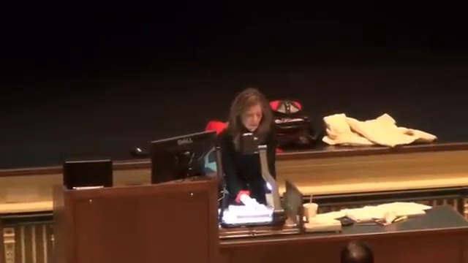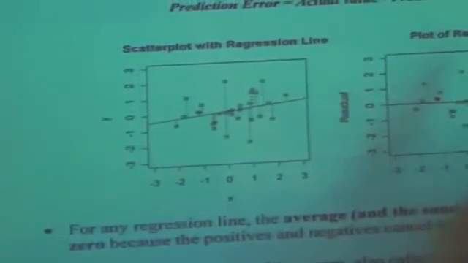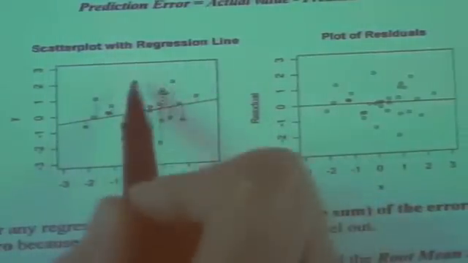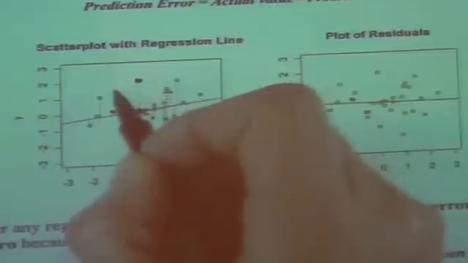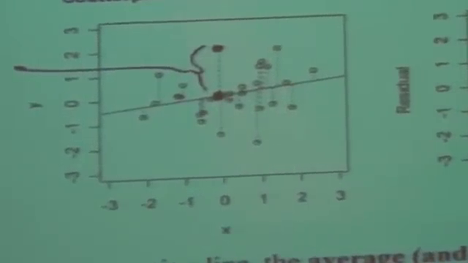So a distance a point is off its predicted line, off the regression line, is its prediction error. Another word is its residual. Lots and lots of language that people use for this. The prediction error is just, here's an actual value, and there's its predicted value. So it's just this distance. That distance is a prediction error.